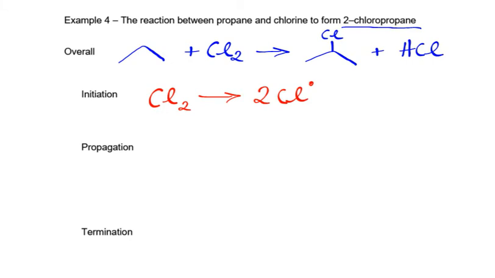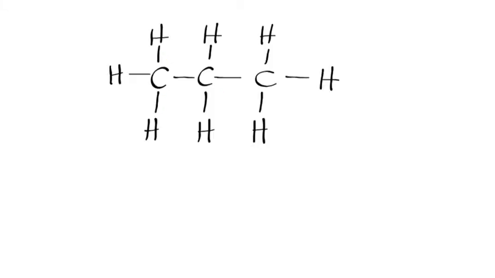For the first propagation stage, let's have a look at the propane molecule that we're going to attack, and we've got a choice of hydrogens that we could remove. So I could remove a hydrogen from the end of the molecule, but this would ultimately lead to 1-chloropropane.